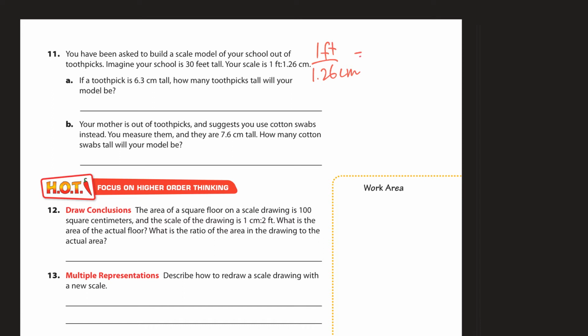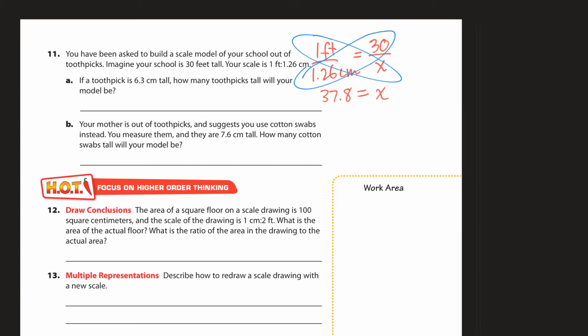And if we have 30 feet, how many centimeters will that be? We'd multiply 30 times 1.26. I have a calculator here, so 30 times 1.26 is 37.8. That is equal to 1 times x, which is really just x.